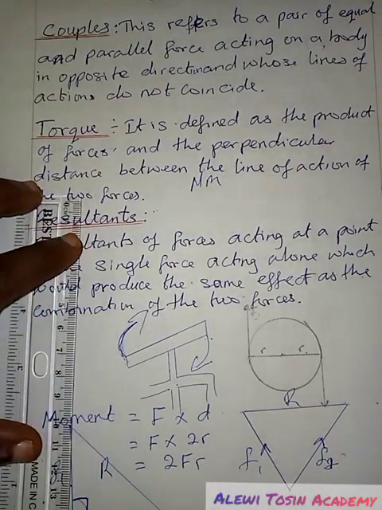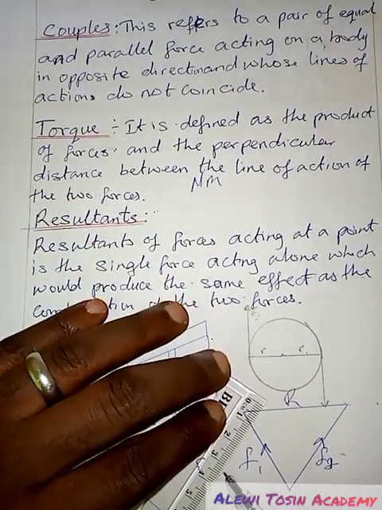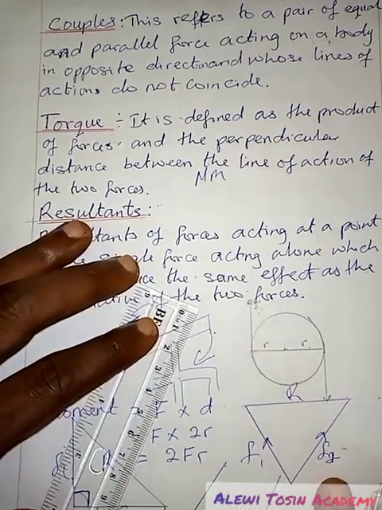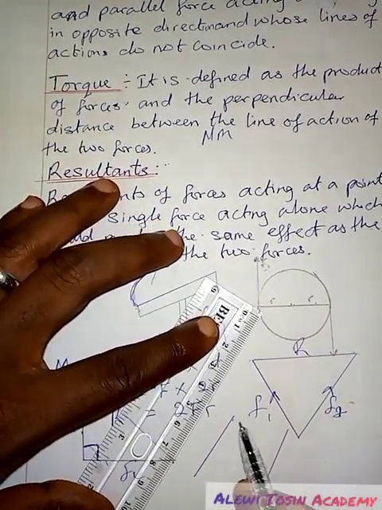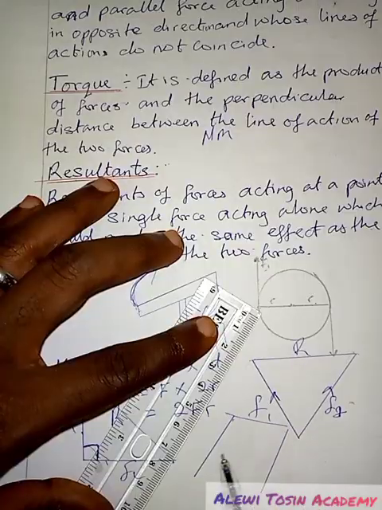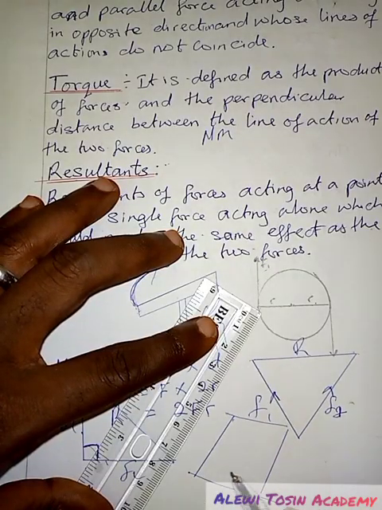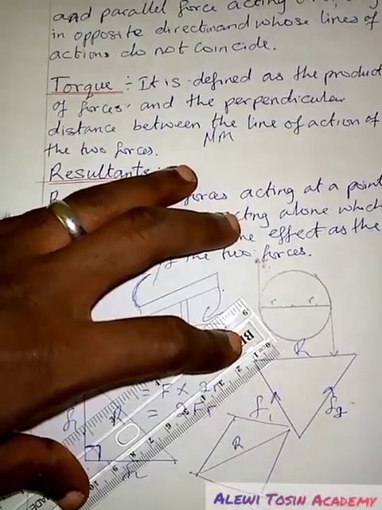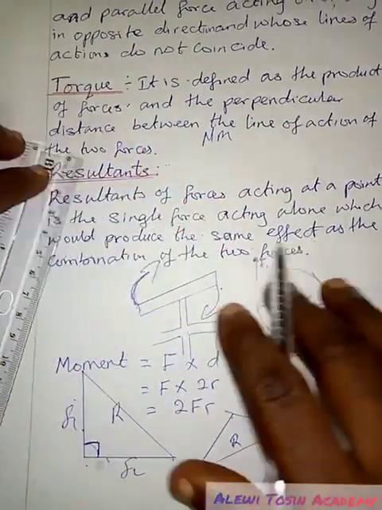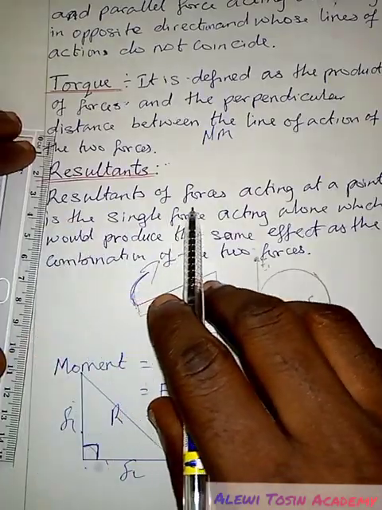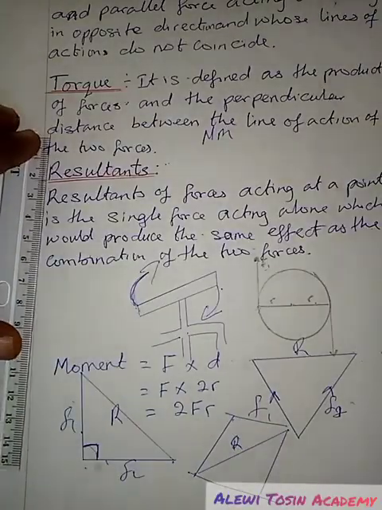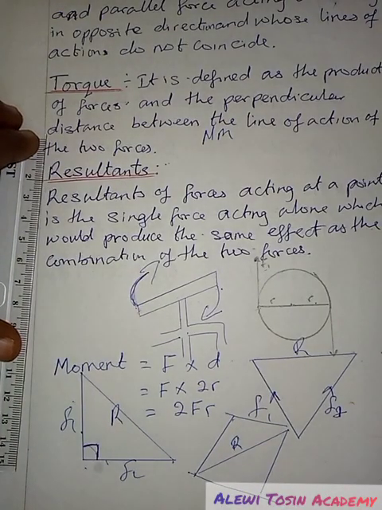For a parallelogram, if these are the sides of a parallelogram, then we say the resultant force is this diagonal here. So we discuss more of this on vector and scalar quantity, but the message here is just for us to know that the resultant of forces acting at a point is the single force which will produce the same effect as the combination of the two forces.